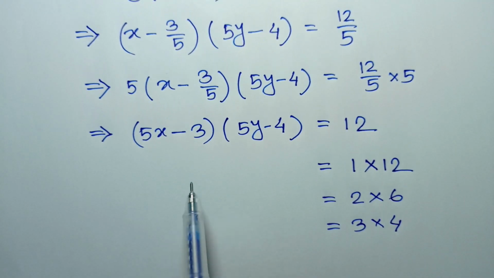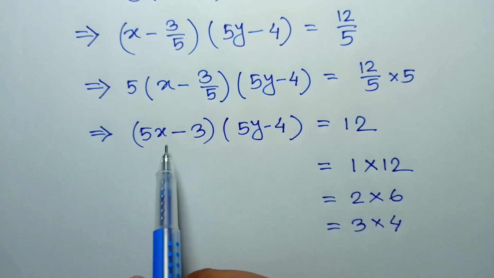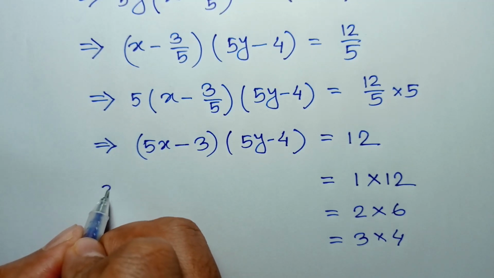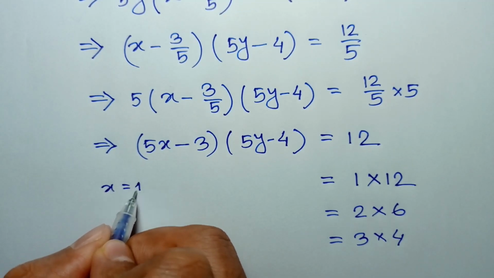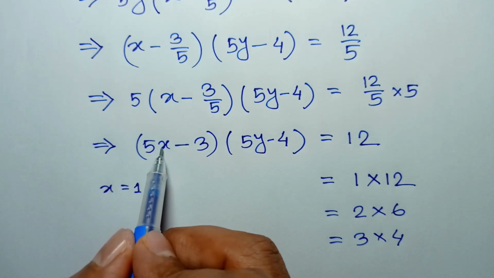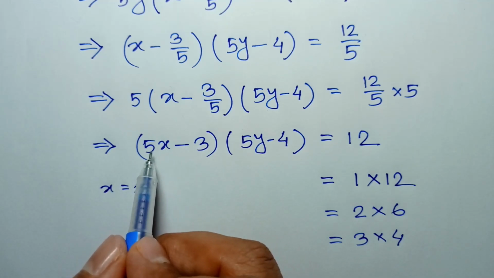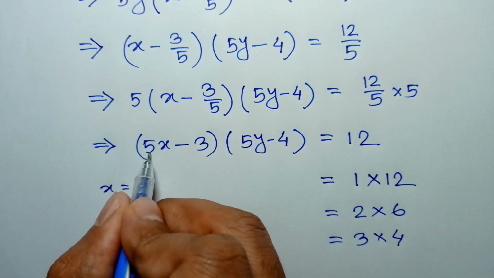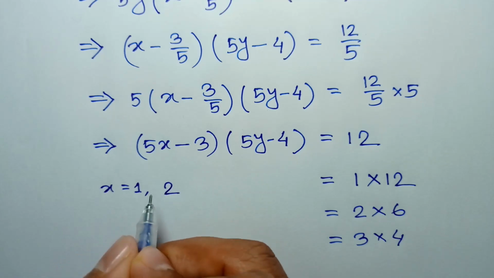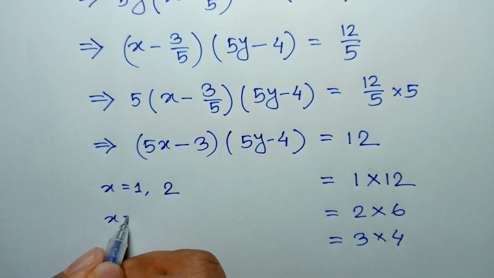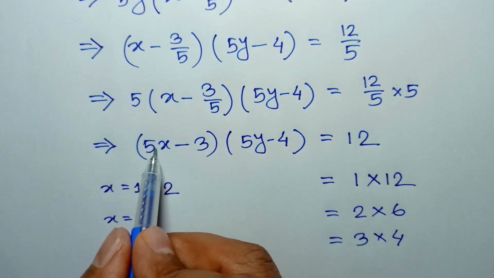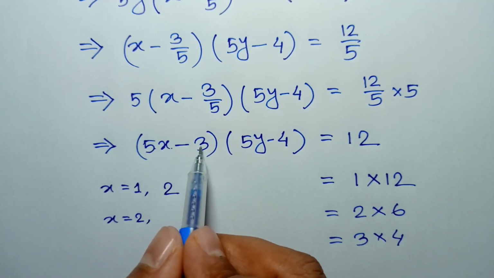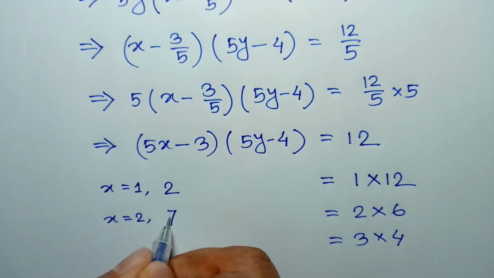Now to make these two equal, and x is an integer, when x is equal to 1, then 5x minus 3 is 2. When x is equal to 2, then 5x minus 3 will be 5 times 2 is 10 minus 3 is 7.